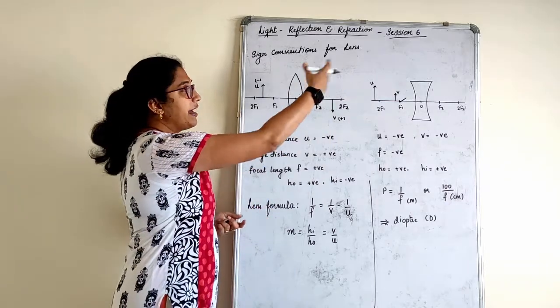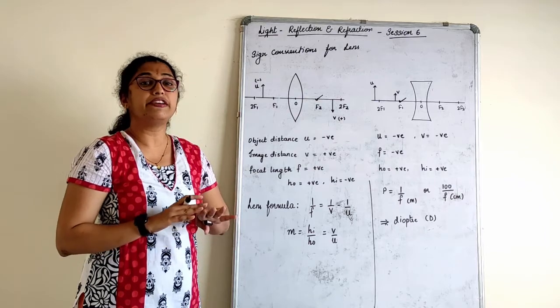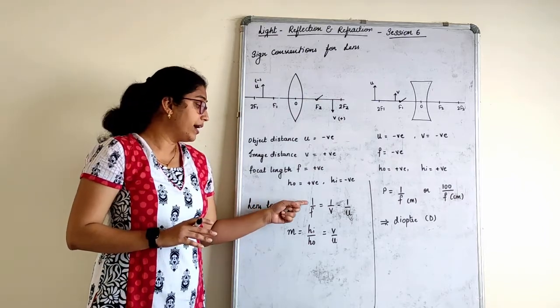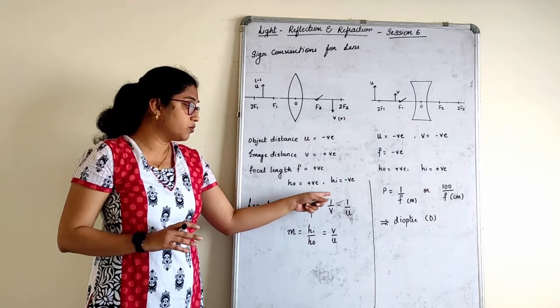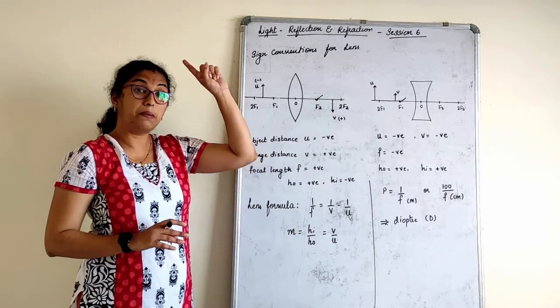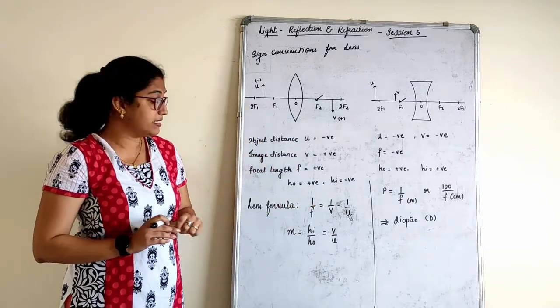If you have a rough figure of your ray diagram, writing the sign conventions will be very easy for you, right? What's the lens formula? 1 over focal length is equal to 1 by v minus 1 by u. It was plus for the mirror, children. It is minus for the lens.